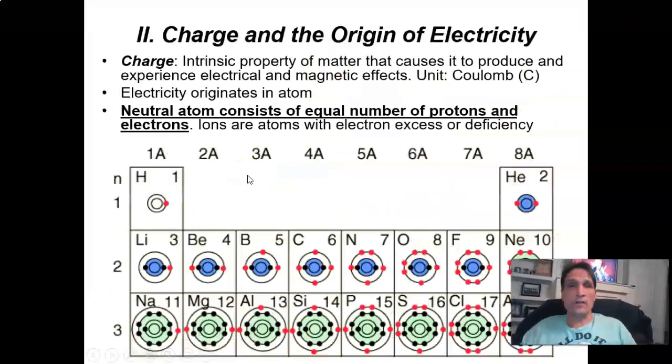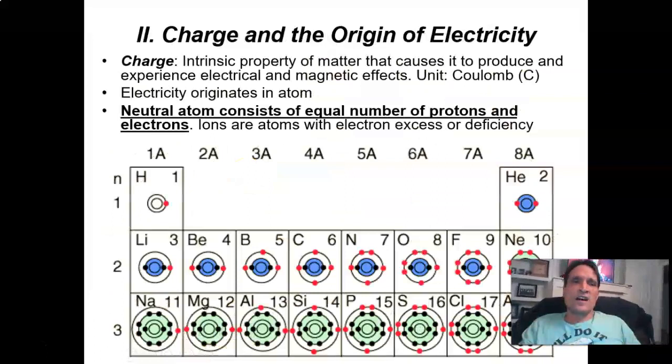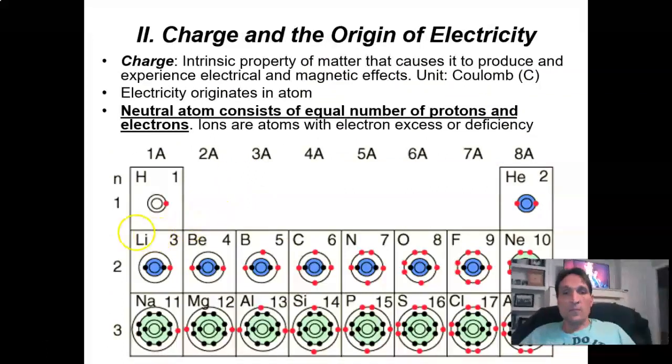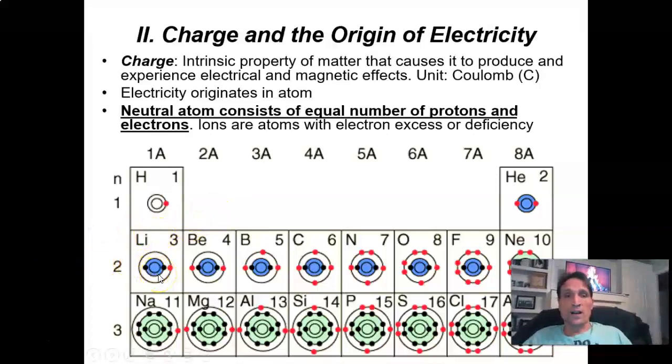electromagnetic force. So the origin of electricity is at the atomic level, and it's because atoms and molecules are composed of protons and electrons. And protons in the nucleus are positively charged, and electrons, which are whizzing around the nucleus, are negatively charged.